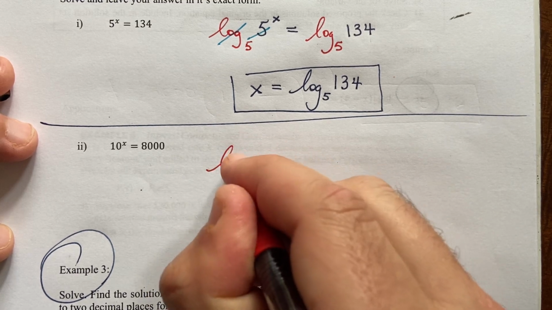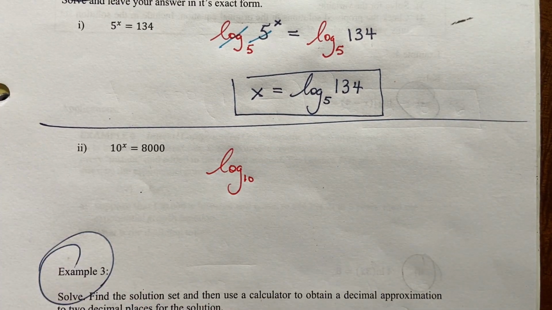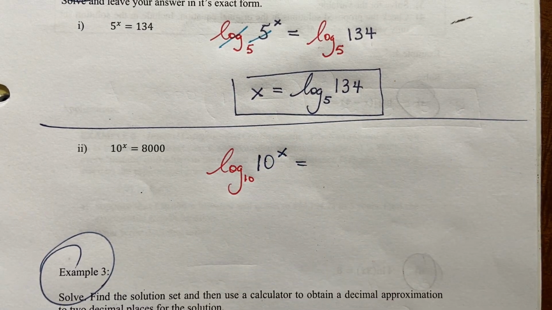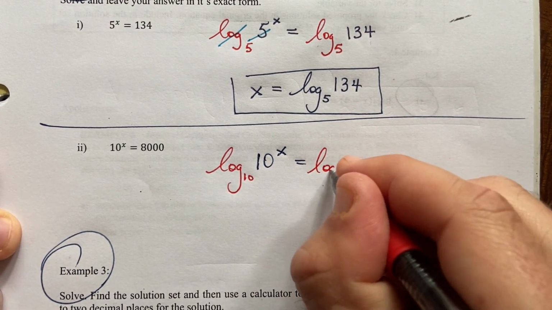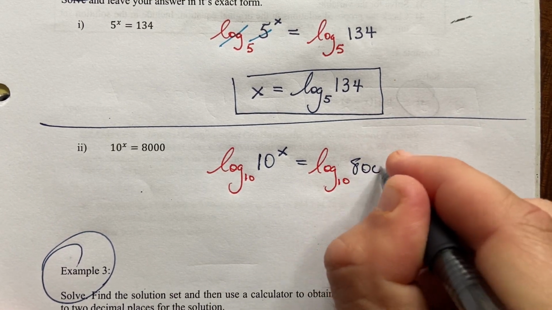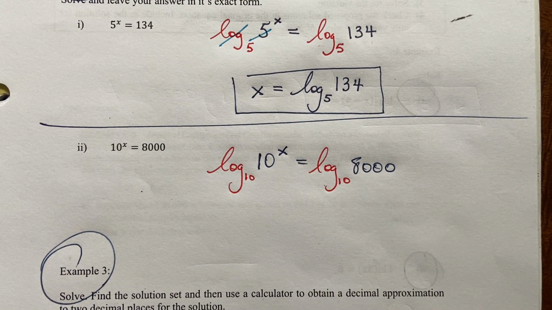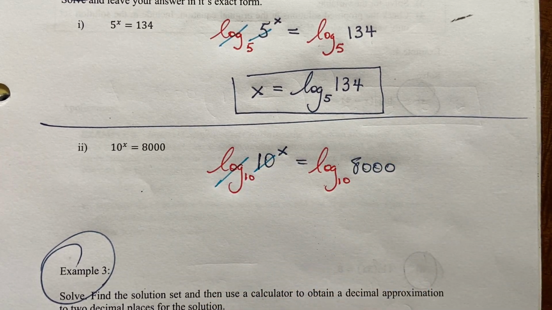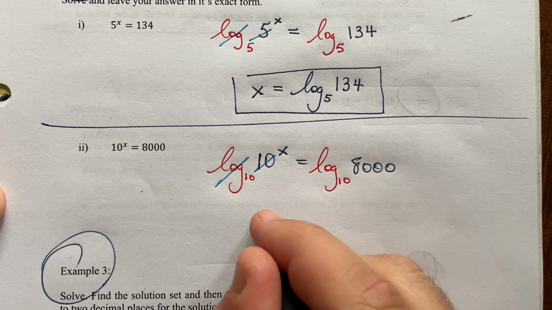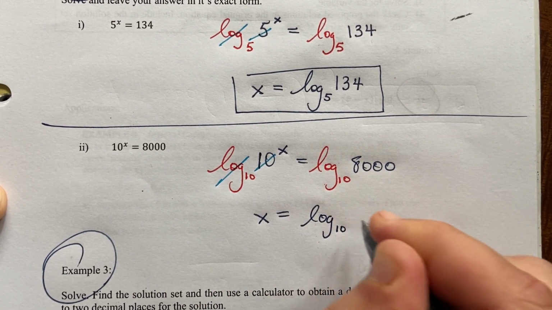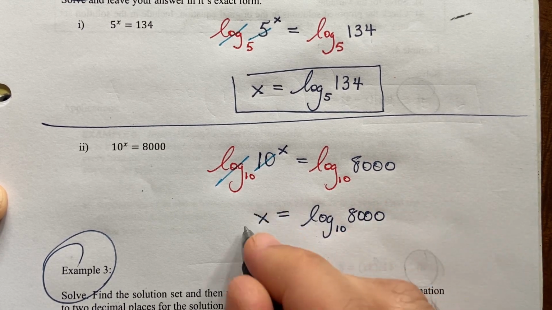So I'll say log base 10 of 10 to the x equals log base 10 of 8,000. Cancel because of that property. And we have that x equals log base 10 of 8,000.